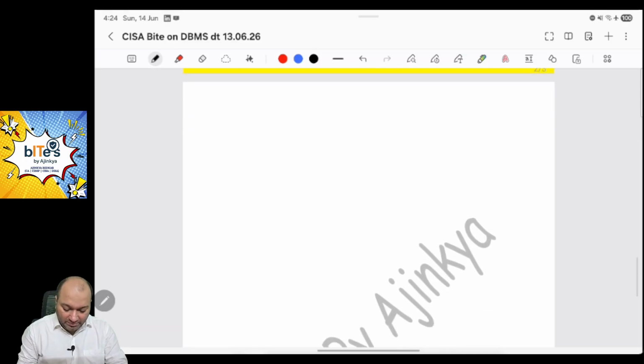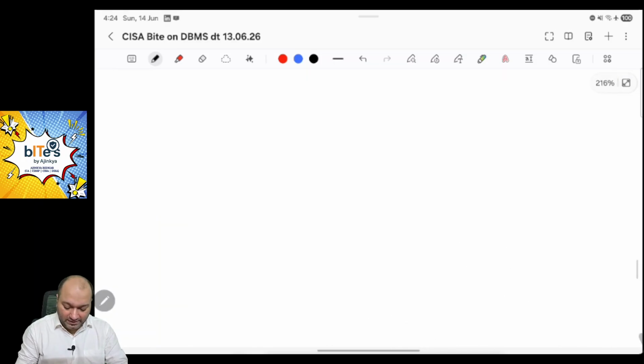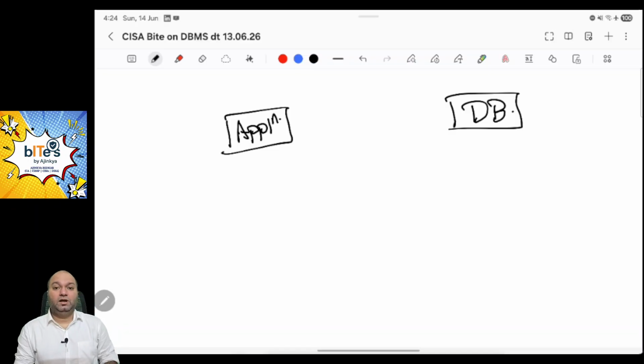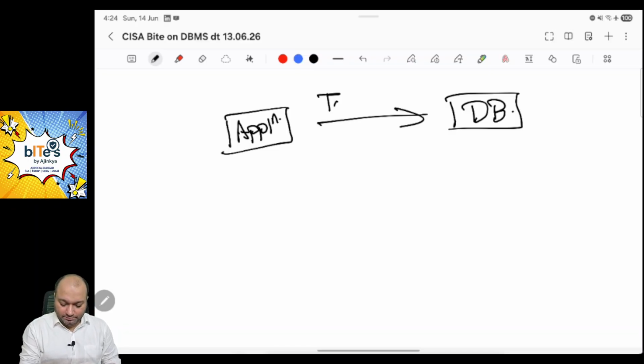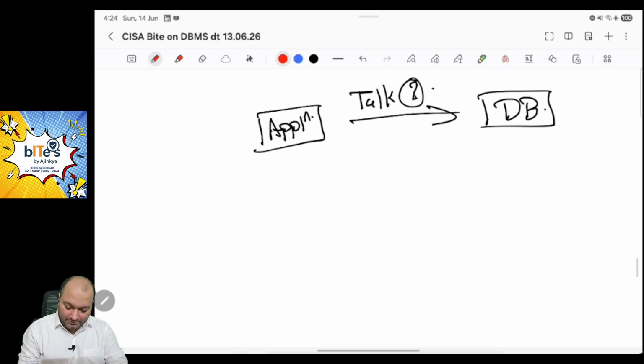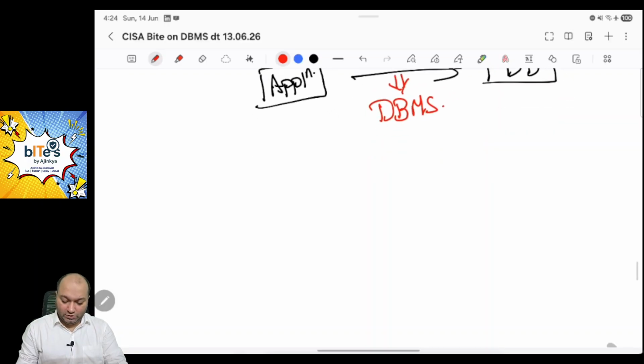So let me explain it by writing it down. As you already know, we have an application, we have a database. Now, how do they talk to each other? The talking is done by database management systems. Now, what DBMS will do is, there is a front end user who wants to access some kind of data, some kind of information.